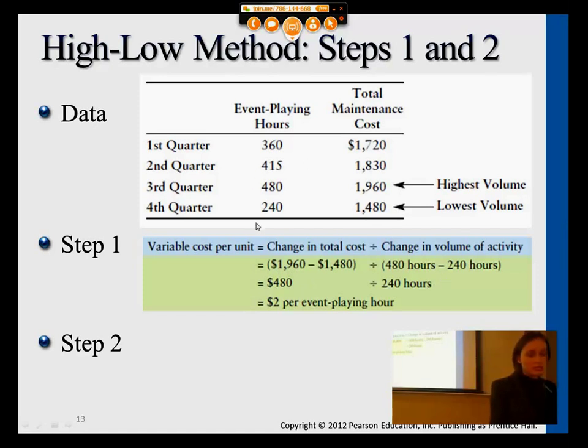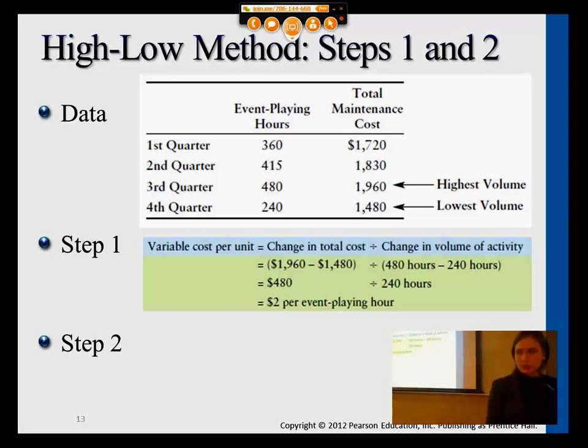Then we do the exact same thing for our hours: we take 1960 and subtract 1480, which gives 480. So we got $480 divided by 480 hours. My change between the highest and lowest level of activity is expressed in dollars and hours, and I divide them. So my variable cost per unit is $2 per event plane hour.